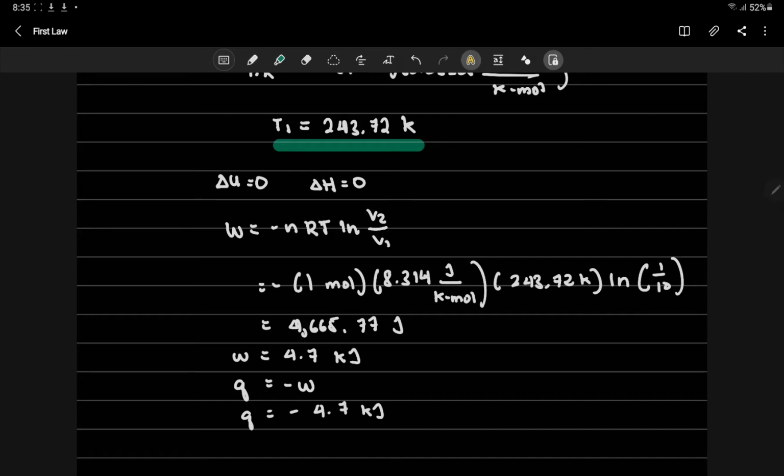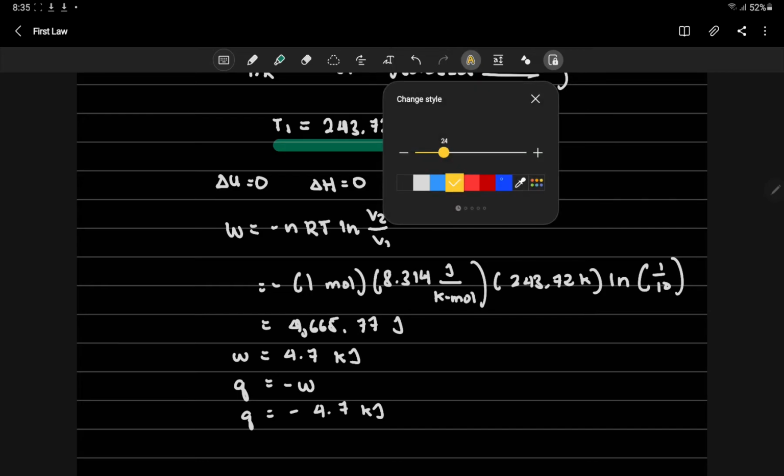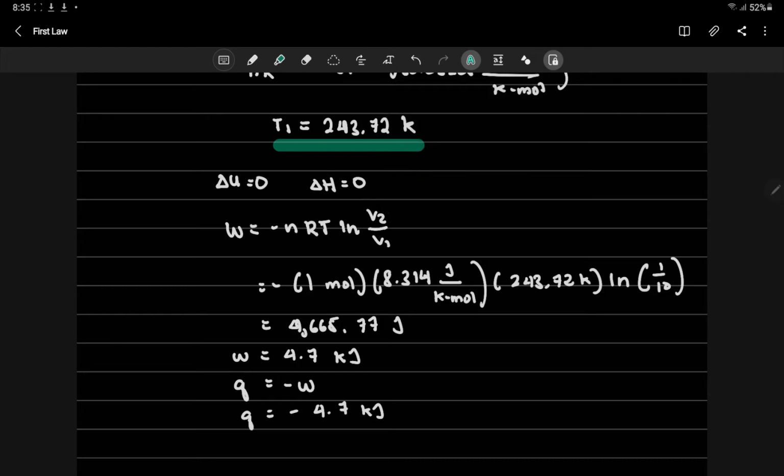So let me highlight our answers using maybe green. Okay. So we were able to calculate the following. Delta U, which is 0. Delta H, which is 0. Just for this step, isothermal. Work is 4.7 kilojoules and heat is negative 4.7 kilojoules.